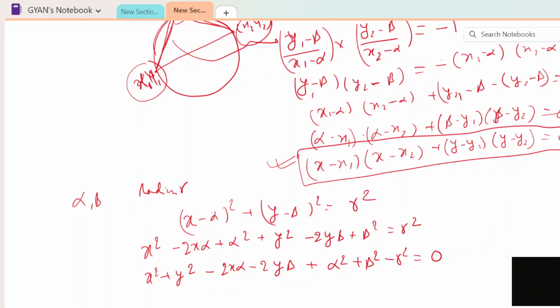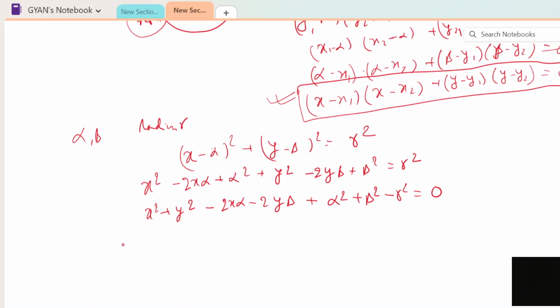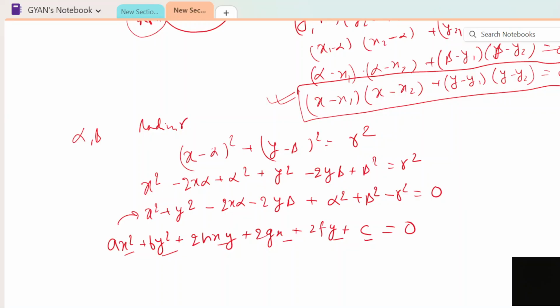So the general equation of 2 degree is ax square plus by square plus 2hxy plus 2gx plus 2fy plus c. Here x square is there, y square, xy is there, g is there, f is there. If you compare this one and this one, here the coefficient of x square is 1 and of y square is 1. So a should be equal to b.